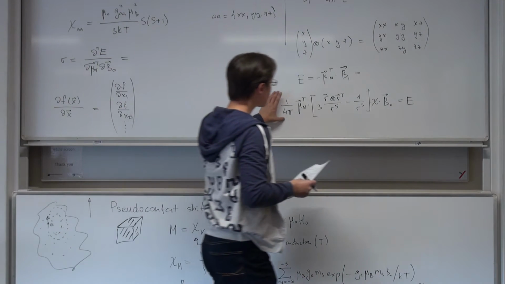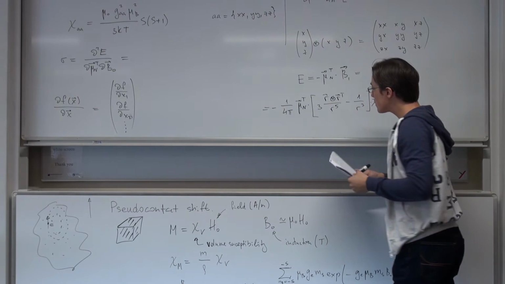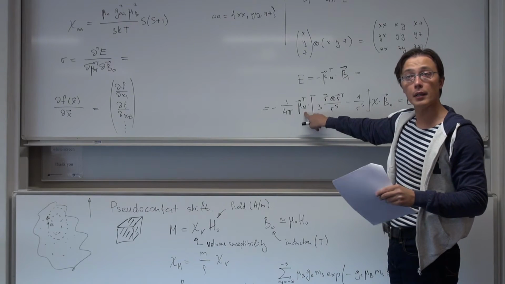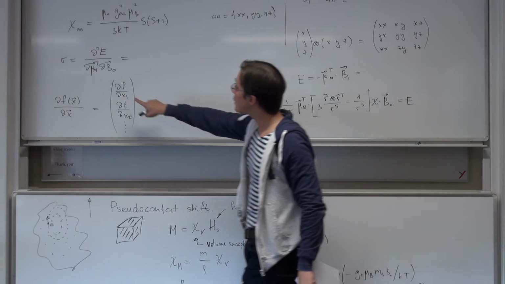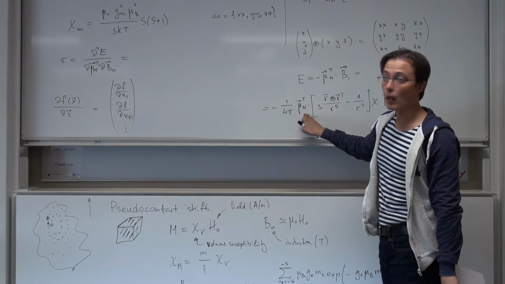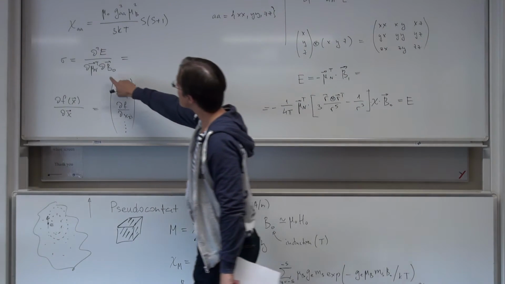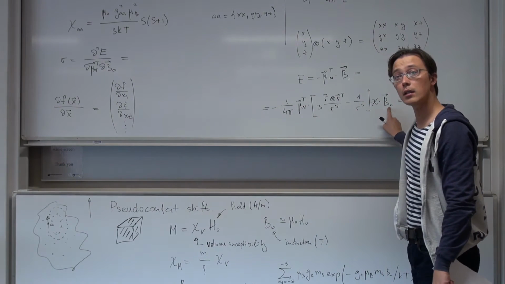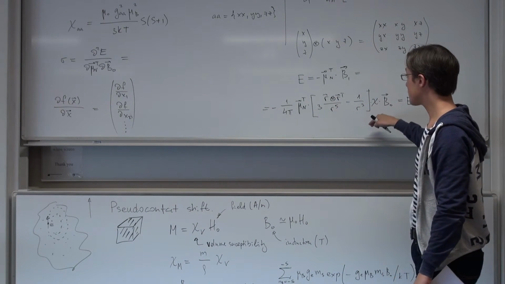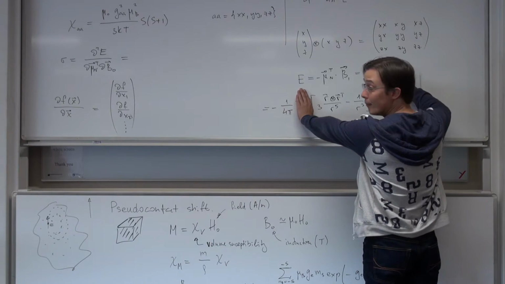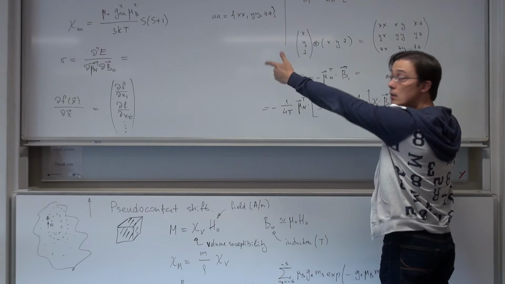If I take this expression here, you see mu n occurs linearly. It's multiplied in. And so if I take the derivative with respect to it, it simply vanishes from here. If I take a derivative with respect to the magnetic field, it also occurs linearly in here, so it just disappears from here. And so the result that I would get is actually a matrix, as we've discussed, and as it should be there.